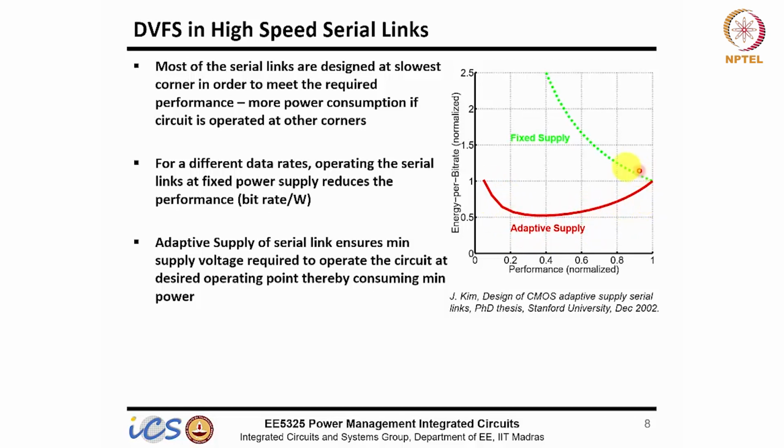When your performance is increasing, if you don't vary the supply, the energy per bit will be much higher. The efficiency is measured in energy per bit here. But if you use adaptive supply, you can see your energy per bit is much less compared to this one.